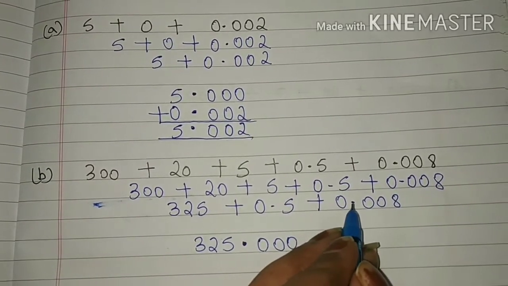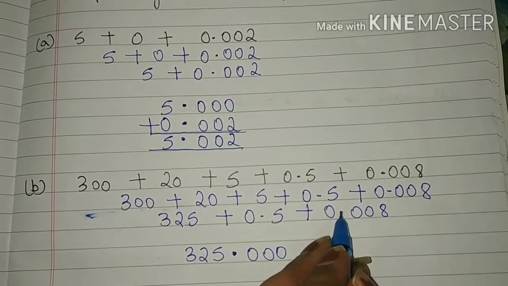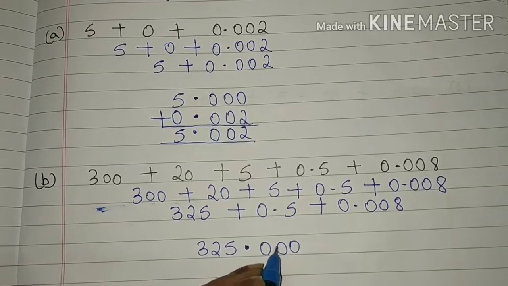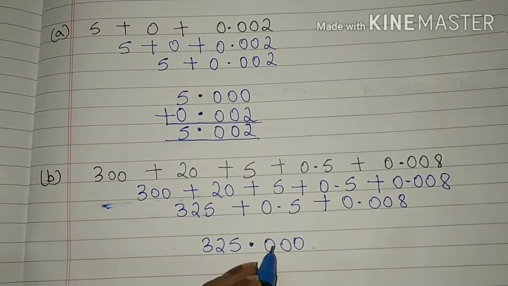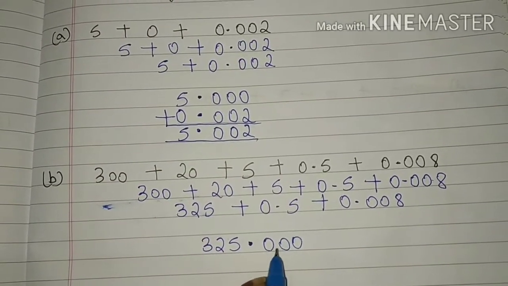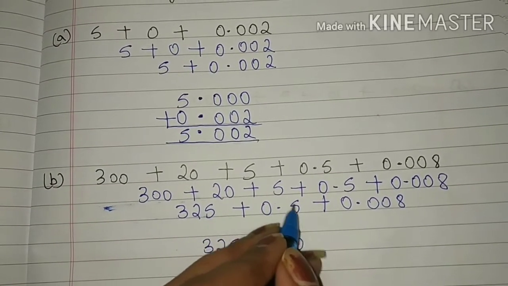After a decimal point, 3 numbers are given to you: 1, 2, 3. So we will write 3 times 0 here. Students, after a decimal point, there is no value of 0. We will write 0 just to make our calculation easy. Now we will copy down 0.5 here.